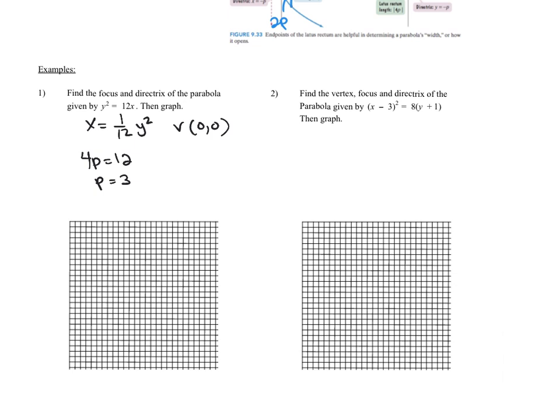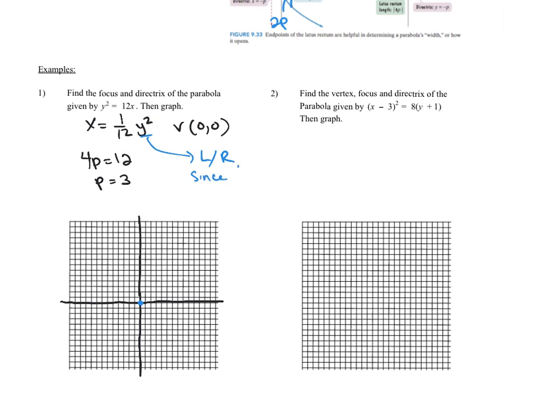So then we can go ahead and graph this. We'll draw our x and our y-axis. We'll mark our vertex. Since y is squared, we know that this parabola opens left or right.